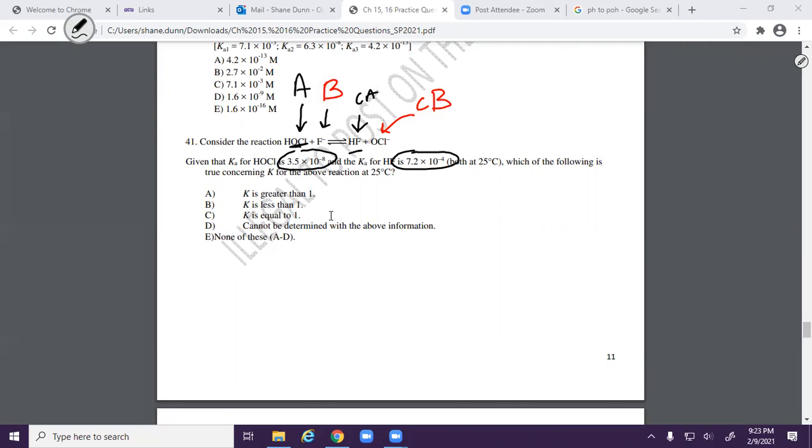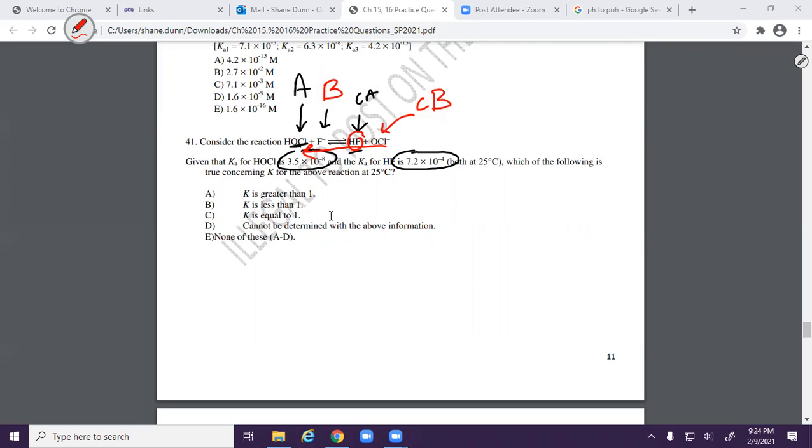So it wasn't Grandpa. It was a student. Cool. So which Ka value is bigger, HOCl or HF? HF. So this acid is stronger, which means it's going to force the reaction this way. The stronger acid doesn't want to exist.